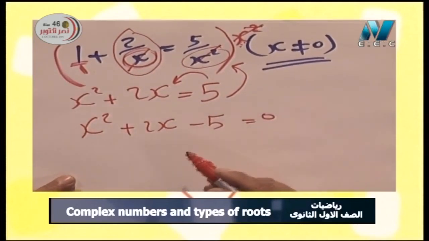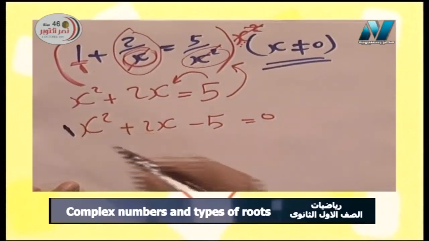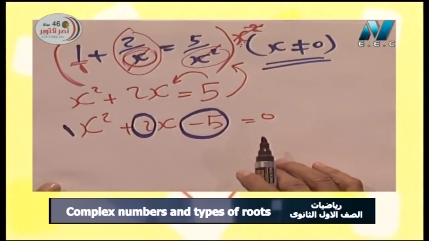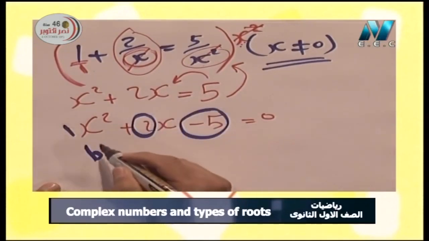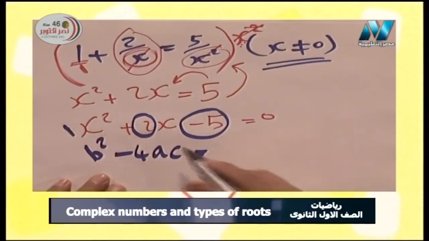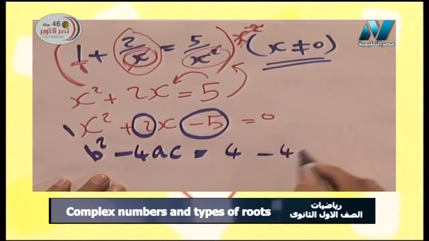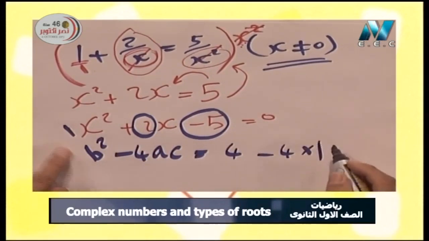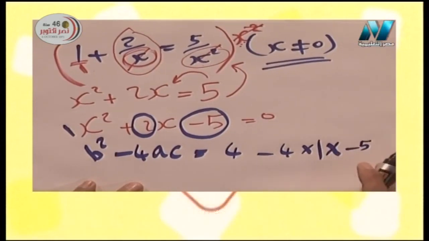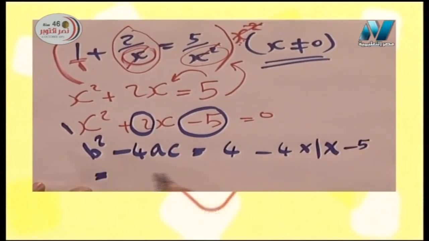And we know that a equals 1, b equals 2, and c equals negative 5. We will calculate the discriminant, which is b² − 4ac. b² here is 4, minus 4 multiplied by a, which is 1, multiplied by c, which is negative 5, and the final answer will be 4 plus 20.